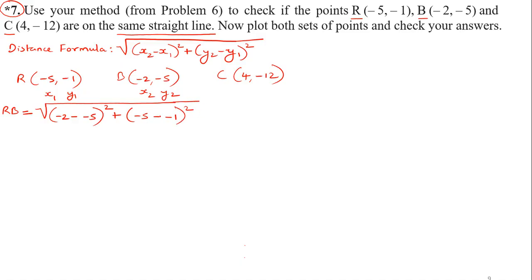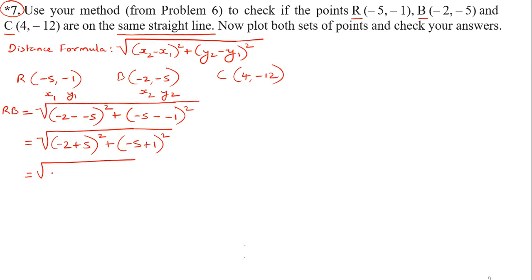Now we will solve further. Minus 2 minus minus 5 will become plus, so it is plus 3 squared, plus minus 5 minus minus 1 is minus 4 squared.